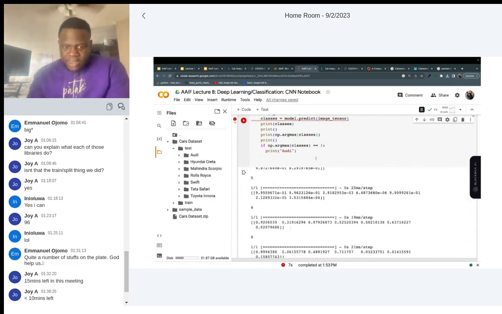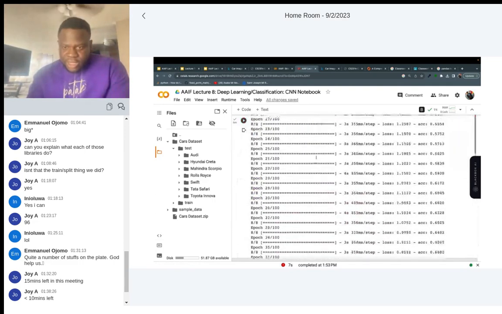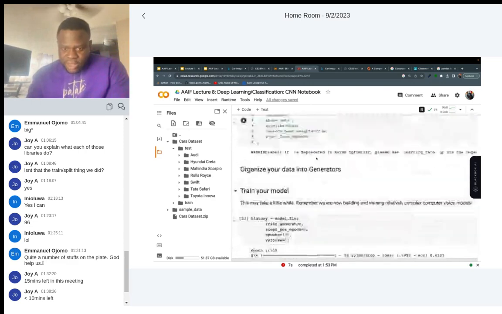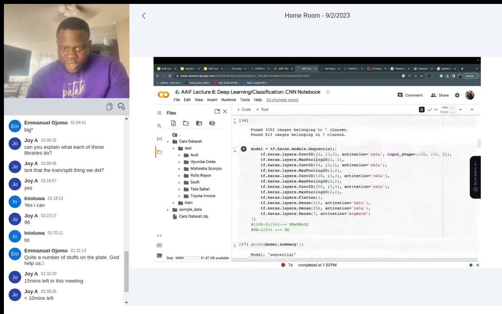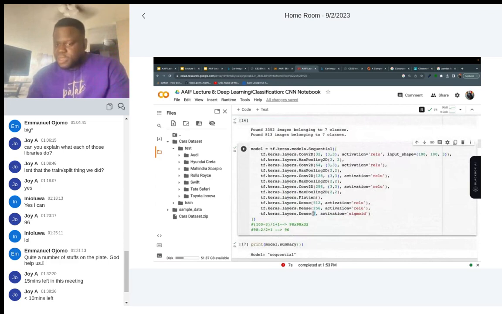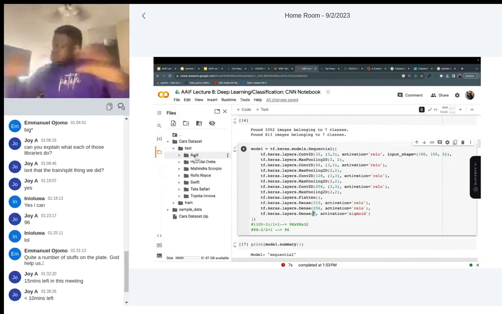If you look at the model we created, we said you're going to predict 7 things. Those 7 things tally with these 7 things. That means the model predicts 7 numbers, and those 7 numbers tally with 7 probabilities.